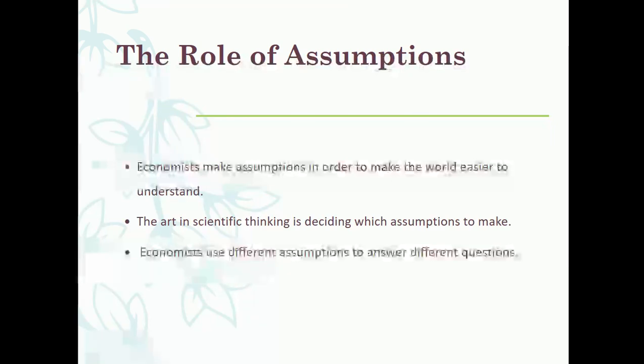So, the role of assumptions is very strong in economics. Most of the models are based on assumptions developed by economists. Hence, the role of assumptions is considered to be very important in economics.